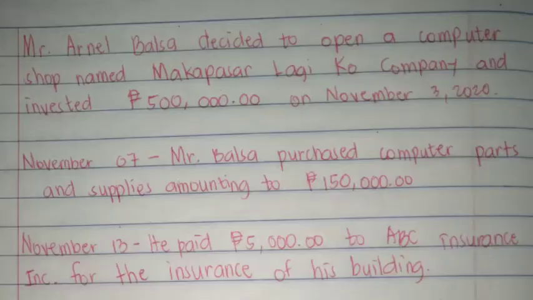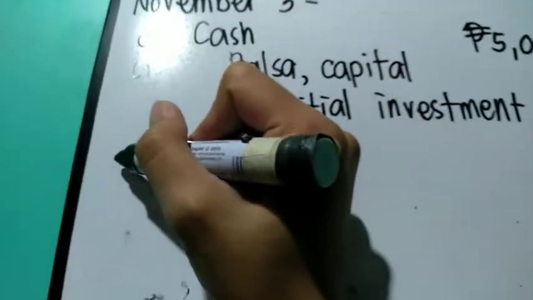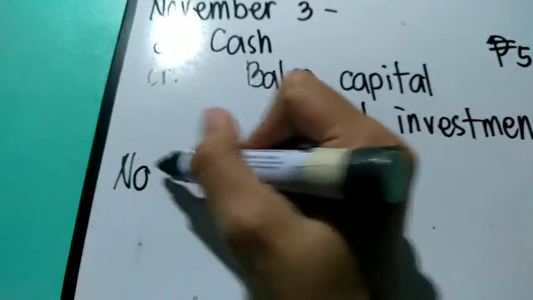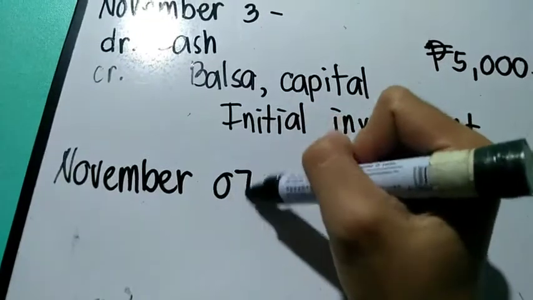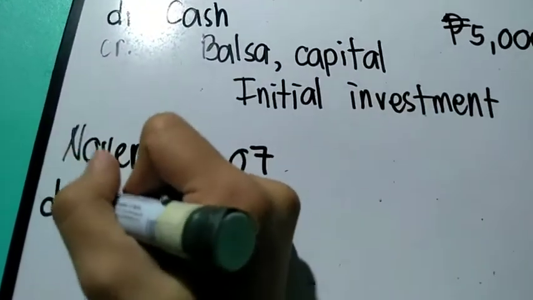Alright, so now for the second transaction. In November 7, Mr. Balsa purchased computer parts and supplies amounting to 150,000 pesos. So let's journalize the transaction. So here, November 7. So your debit.